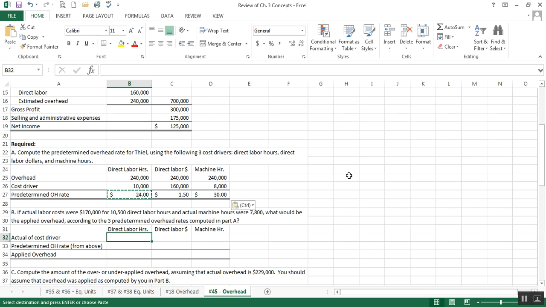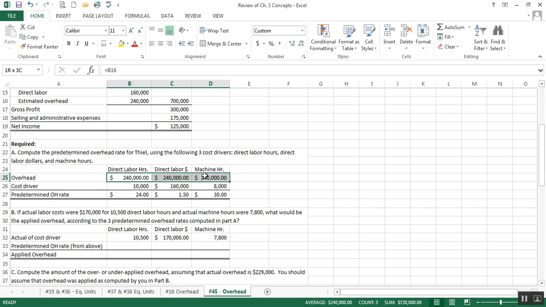So we had actual labor hours of 10,500, actual labor costs of $170,000, and actual machine hours of 7,800. Now we're going to use the predetermined overhead rate that we calculated above.